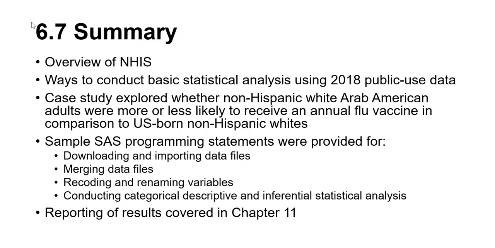I also provided sample SAS programming statements for downloading and importing the data files, merging the data files, recoding and renaming the variable names, as well as conducting some basic categorical, descriptive, and inferential statistical analysis. Reporting of results and interpretation of the findings is covered in Chapter 11.